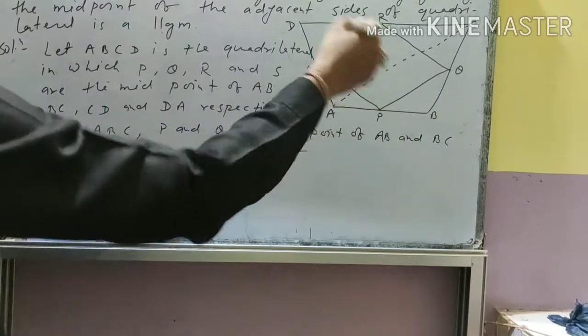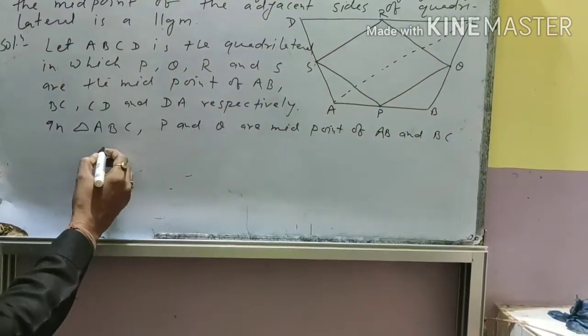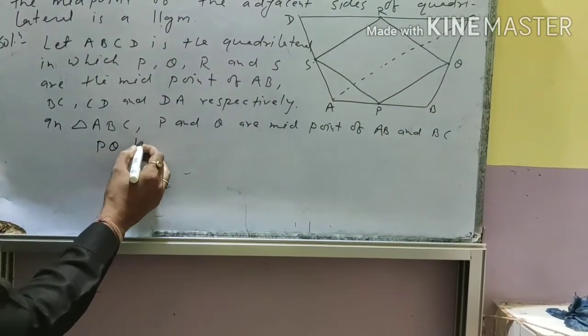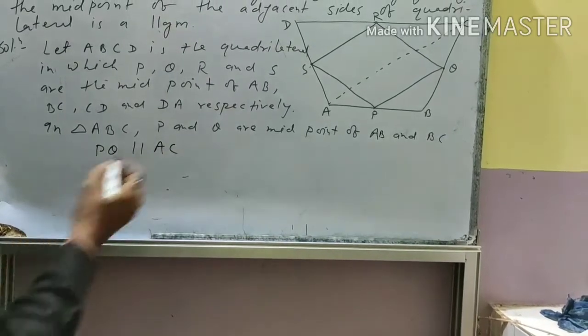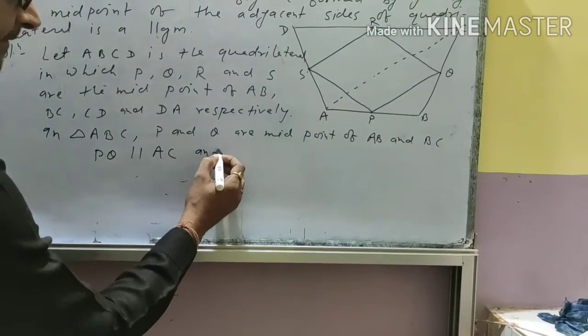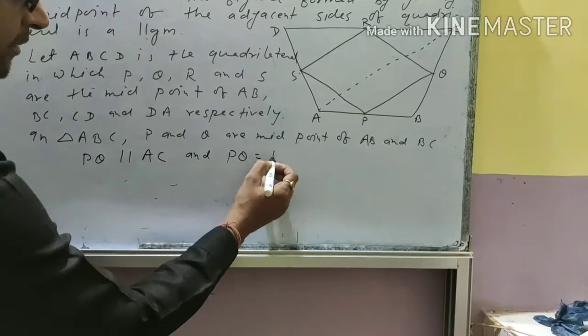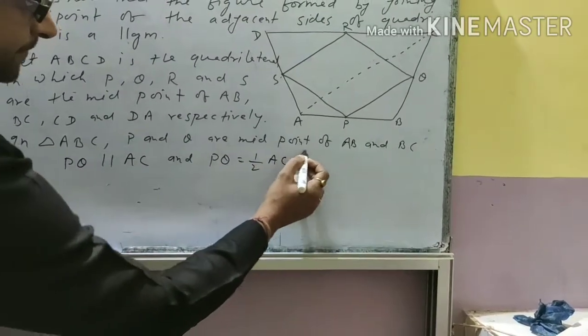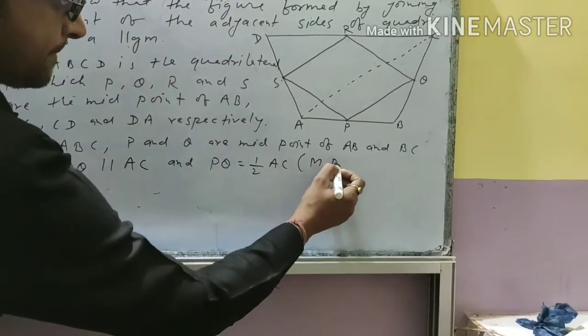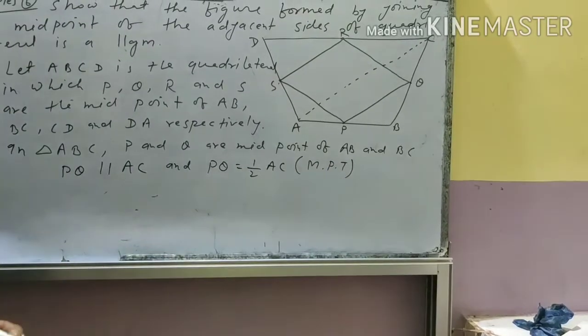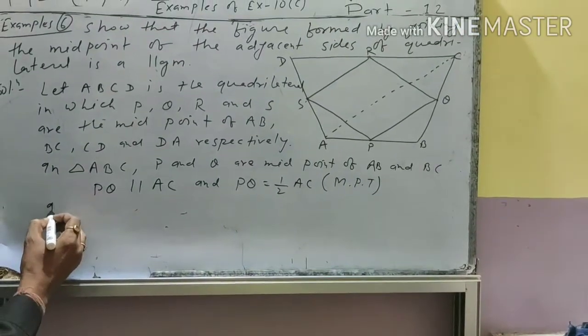So, by the midpoint theorem, PQ is parallel to AC and PQ is equal to half AC. Write down here MPT, midpoint theorem.